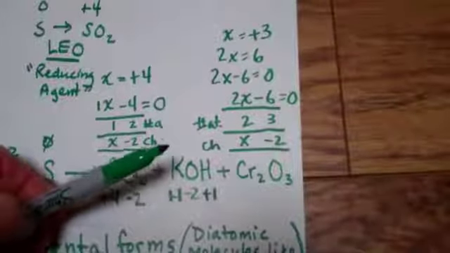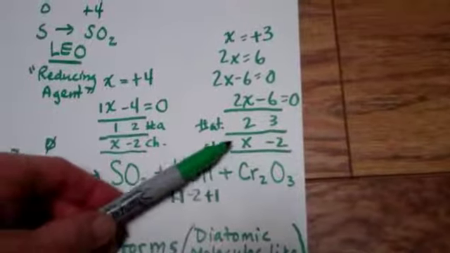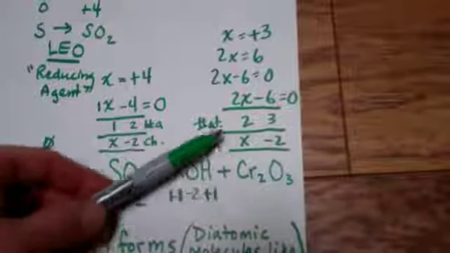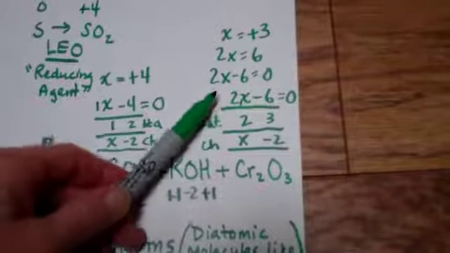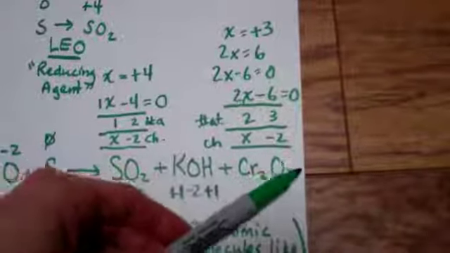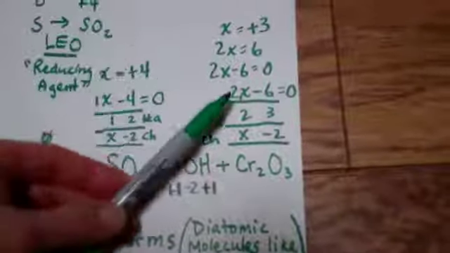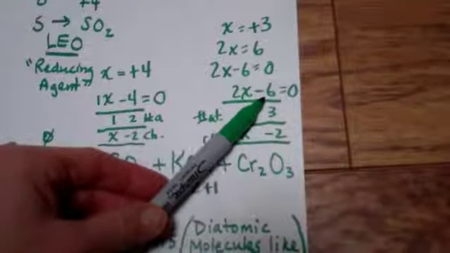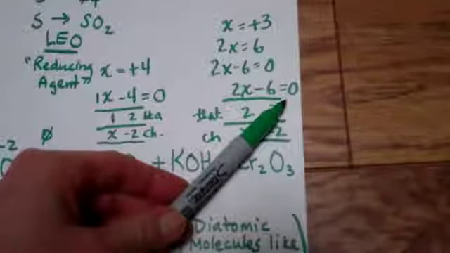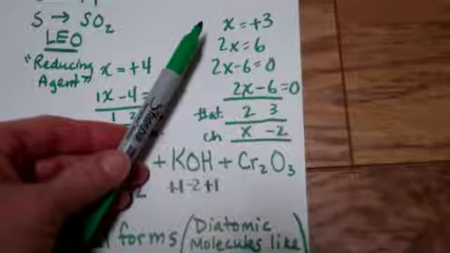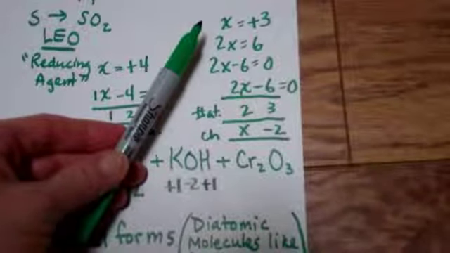If we assign our chromium, we don't know what the charge is going to be yet, but we do know that there's 2 atoms of chromium in our molecule. So we can set up our equation, and it's neutrally charged because there's no charge indicated. So we've got 2x minus 6 equals 0. If we solve for x, we can see that x has to be +3.